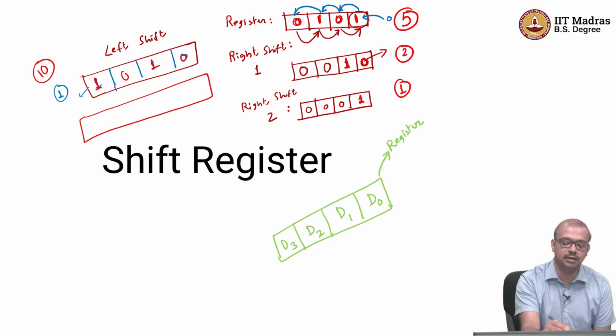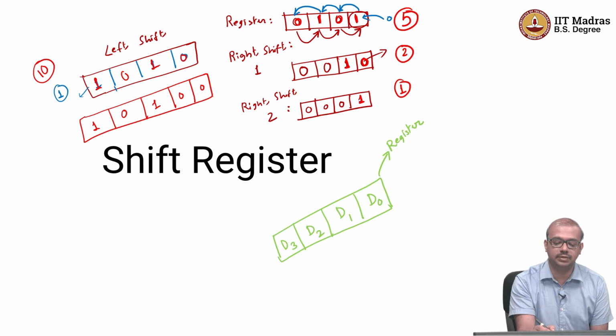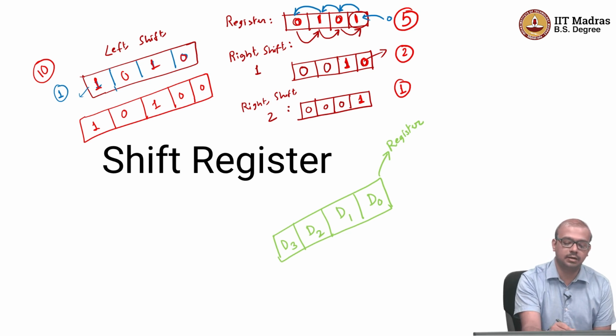So this will become 1 0 1 0, and then a 0 is going to be inserted. You can try seeing what this value is. This value is 1 0 0 0 0. So this is 16 plus 4, so it will be 20.